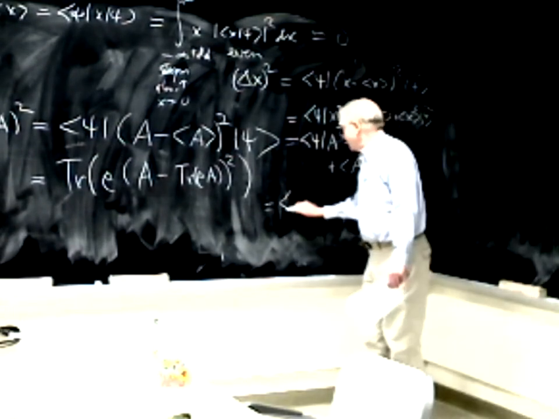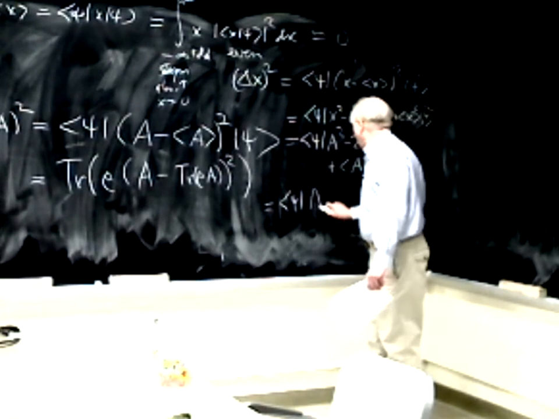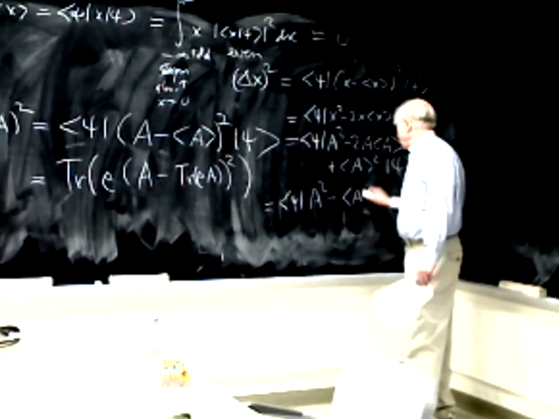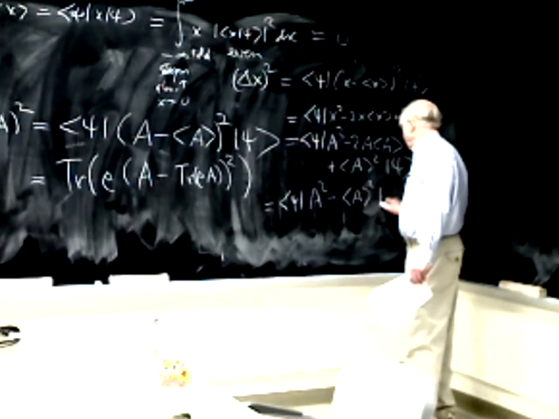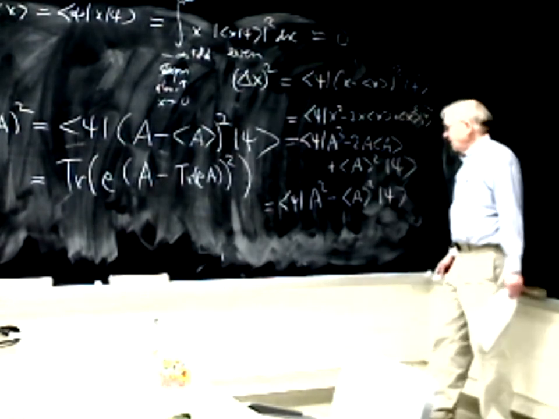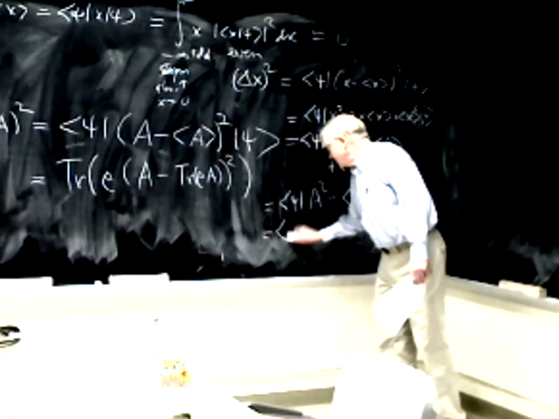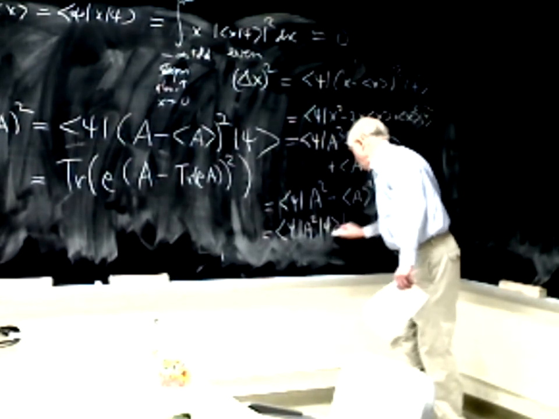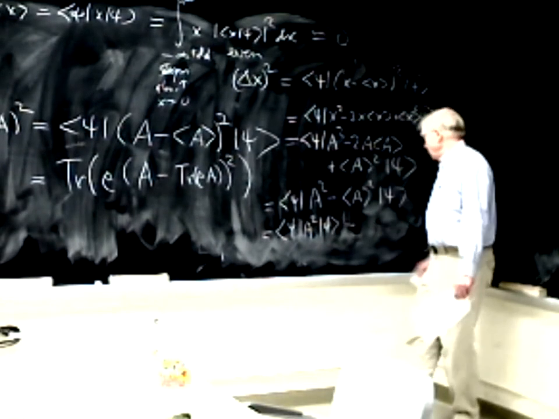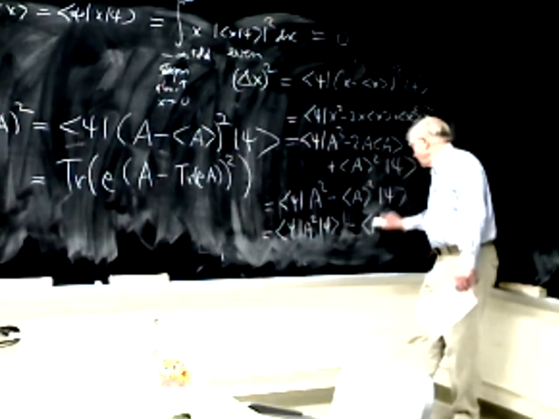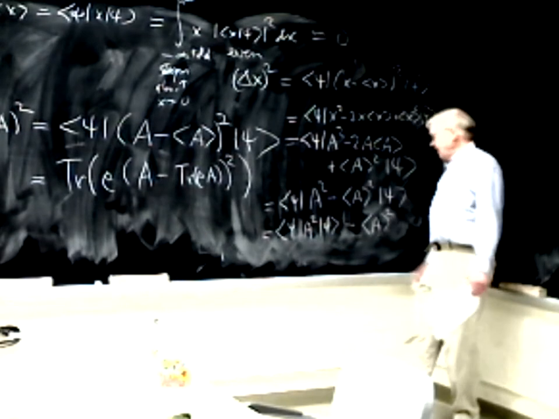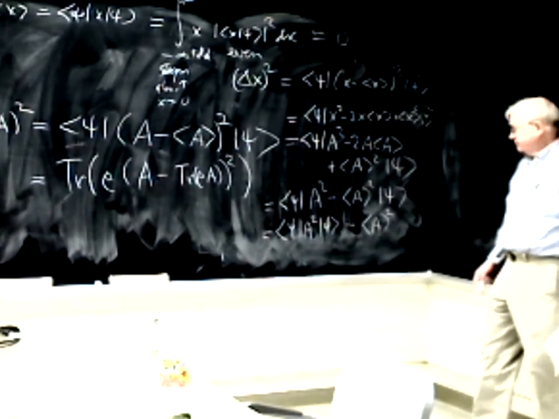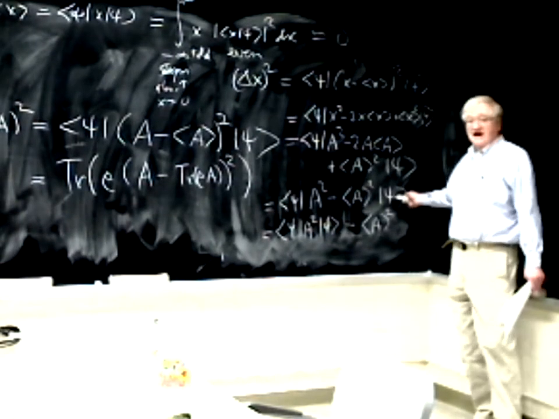So it's actually psi A squared psi minus the mean value of A squared, because psi is normalized to 1.